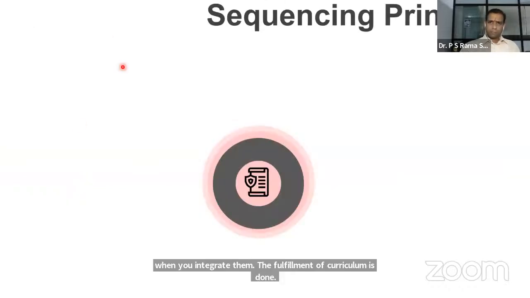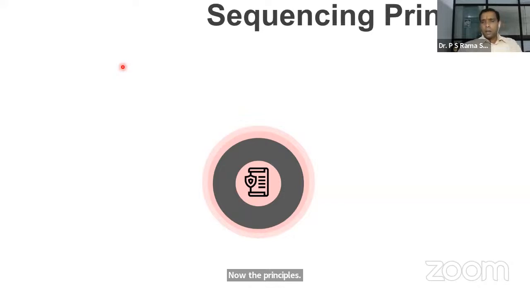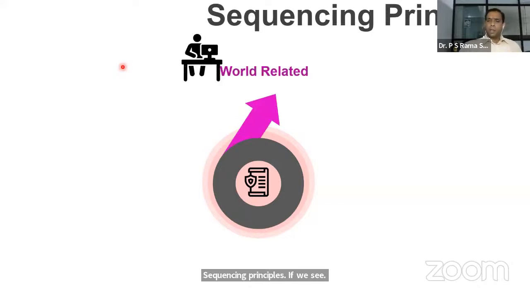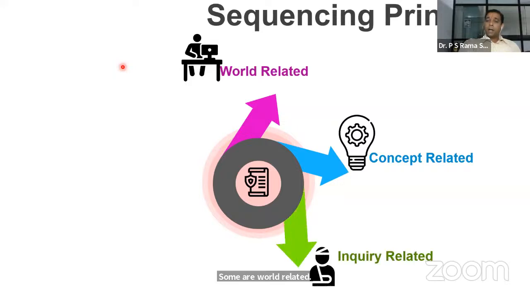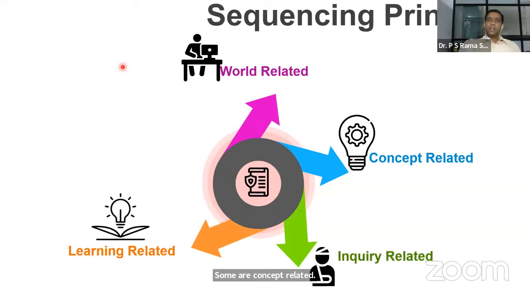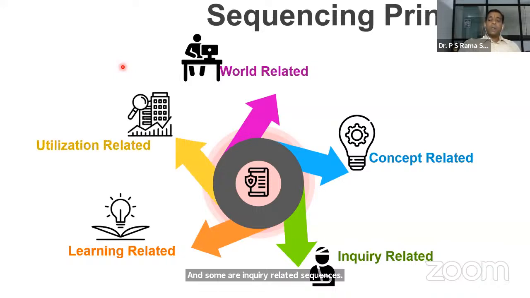Now the sequencing principles: there are different sequencing principles. I'm not going into the details of all of them. Some are world related, some are concept related, some are inquiry related, some are learning related, and then utilization related, right? So when you design a course, some modules are world related, some are concept related, some are inquiry related, learning related, and utilization related.